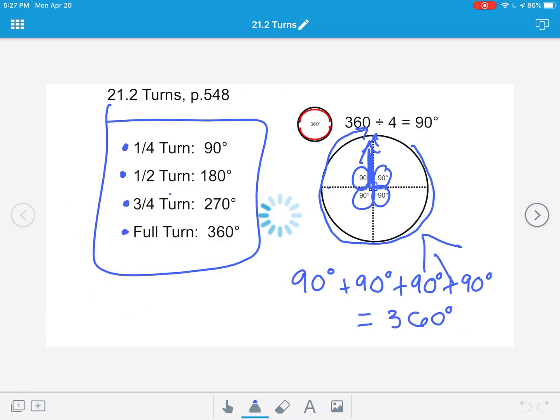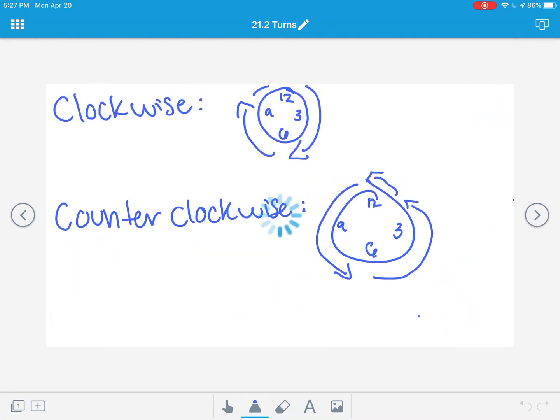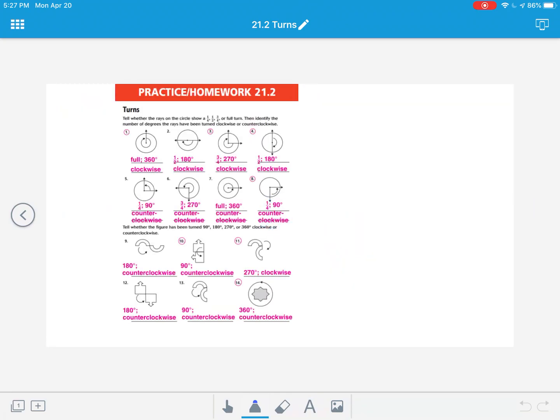Then please make sure that you have also copied down the chart at the beginning that lists how much those turns are worth. Okay? If you don't have that listed down and the directions for clockwise, counterclockwise, this lesson might be really challenging for you to do by yourself. So now that I've said that, if you need to back up the video and pause and take those notes down before you start your work, please do that.